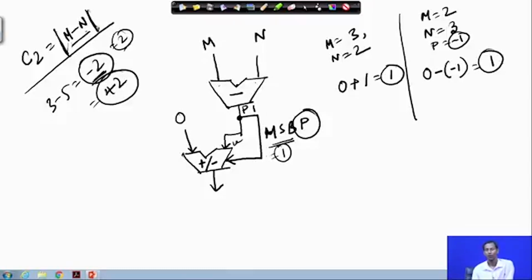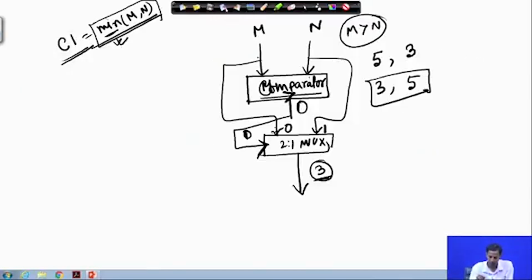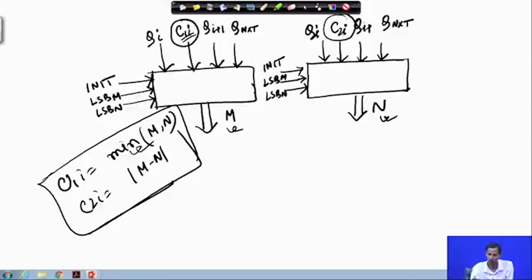Okay. So what did we do? We have implemented the C1 circuit and the C2 circuit. The output of this is C2 and this is C1. The corresponding bits will be connected to these particular positions.